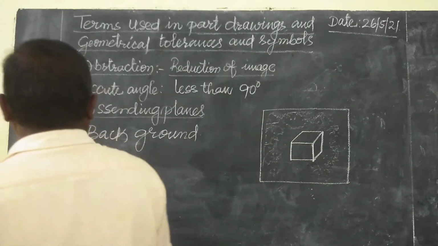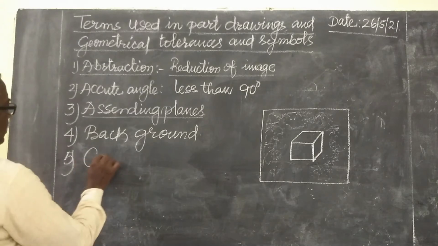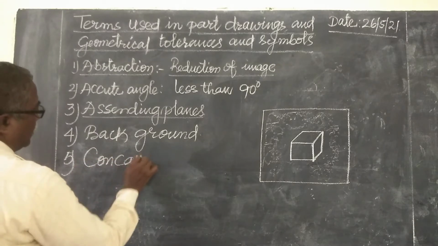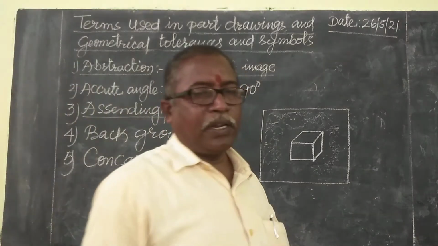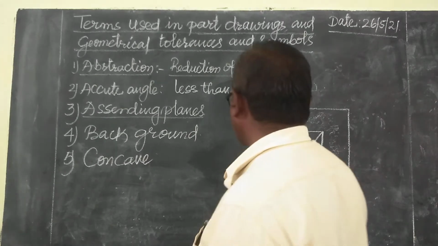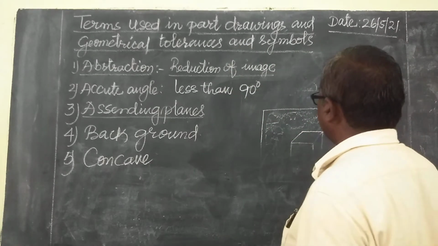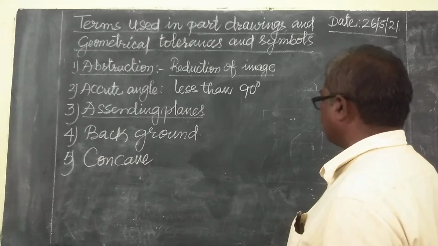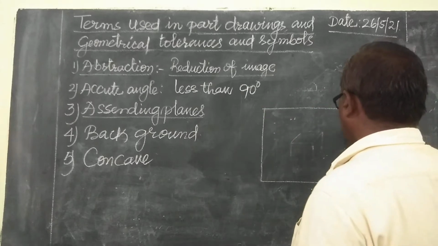Then the fifth one is concave. So what do you understand by concave? The concave is like this, the same figure, same drawing. For example, this is a drawing sheet.